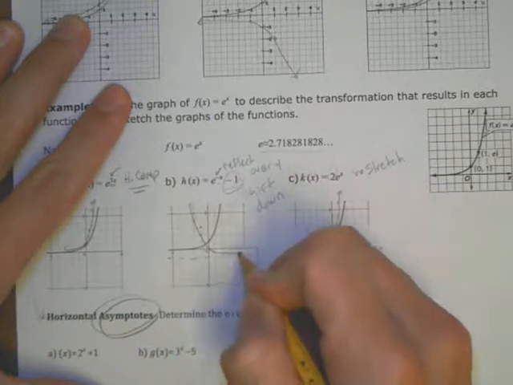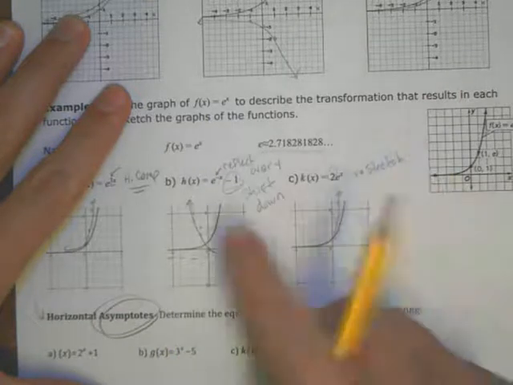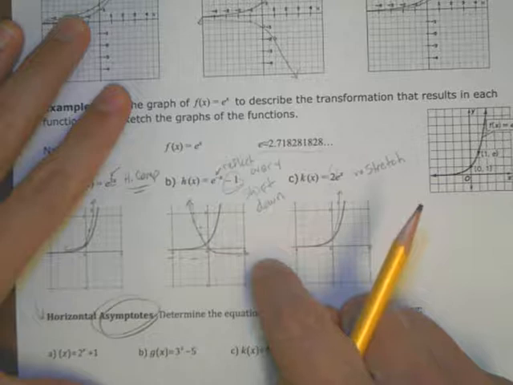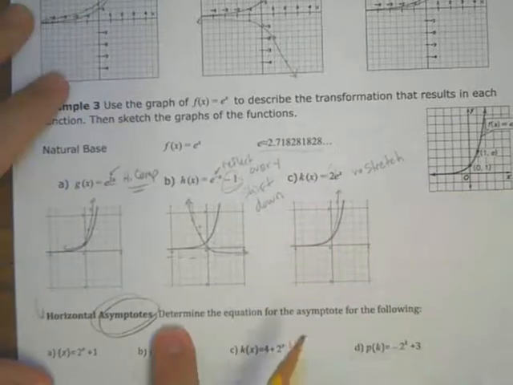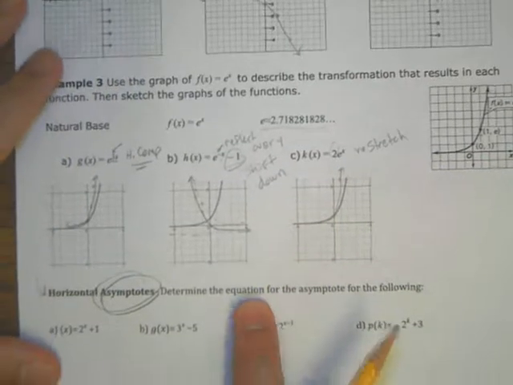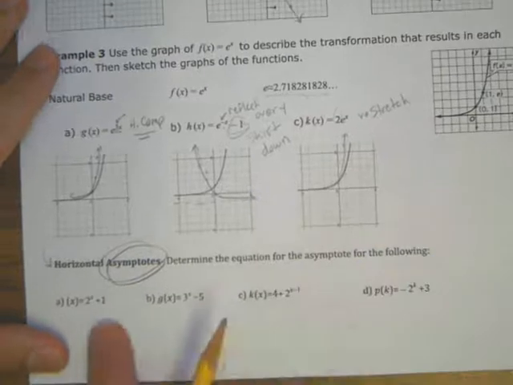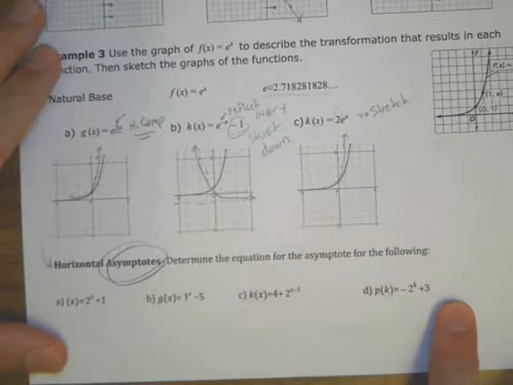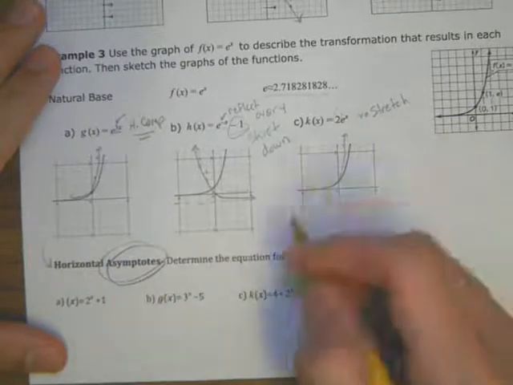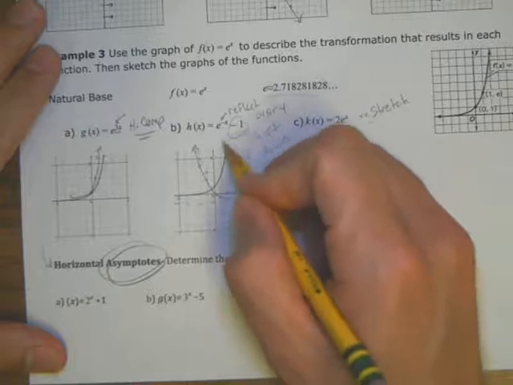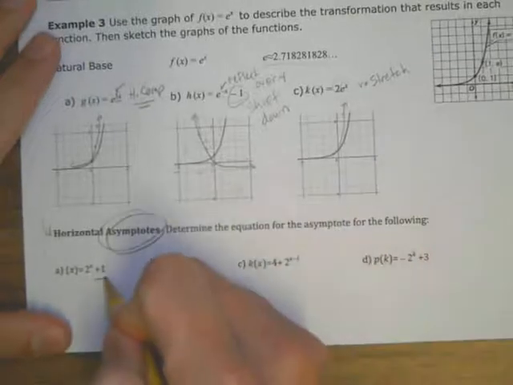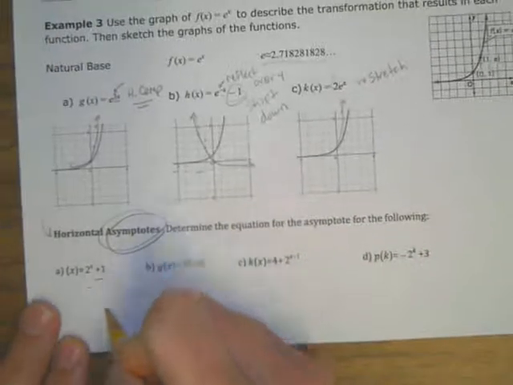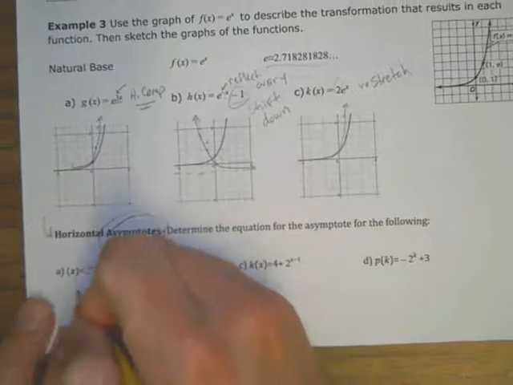And that's what we're doing right here. Determine the equation for the asymptote for the following. These all look super complicated, right? The asymptote is based upon that k value. +1 means it moves up 1, which means our asymptote is y equals 1. The asymptote was at y equals 0, shifted up 1, y equals 1.